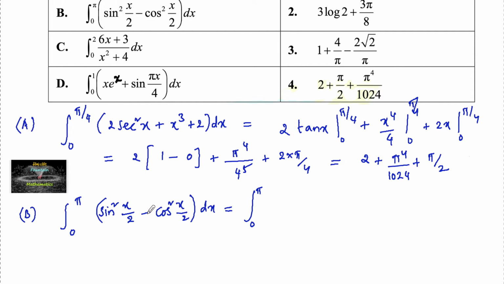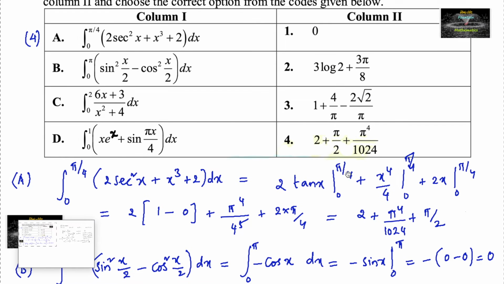Cos square theta minus sin square theta is cos 2 theta, so sin square x by 2 minus cos square x by 2 is minus cos 2 into x by 2, that is cos x dx, which is equal to integration of cos x is sin x, so minus sin x from 0 to pi, so minus of sin pi is 0 and again sin 0 is 0, so this is 0, so we can go with option 1.